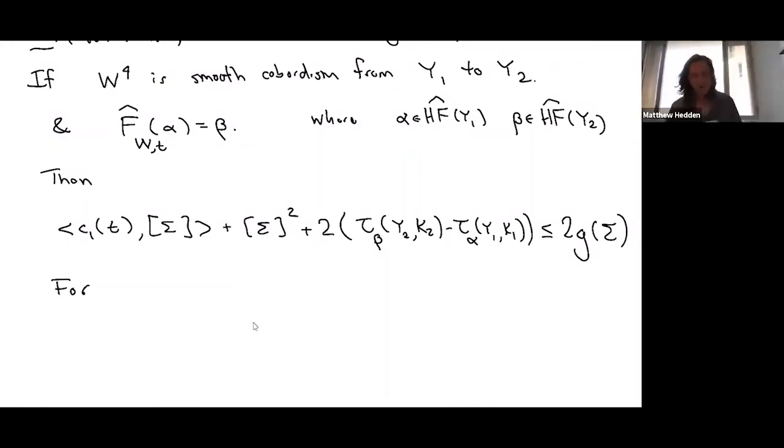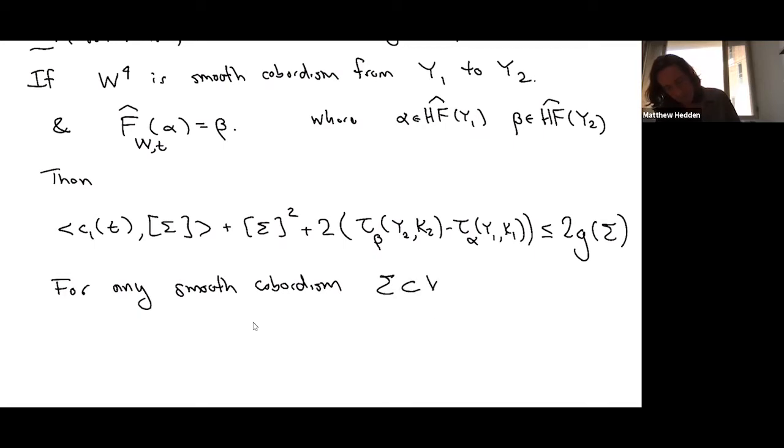So I have this inequality for any smooth cobordism sigma smoothly embedded in W from a knot K1 to K2 in the boundary.